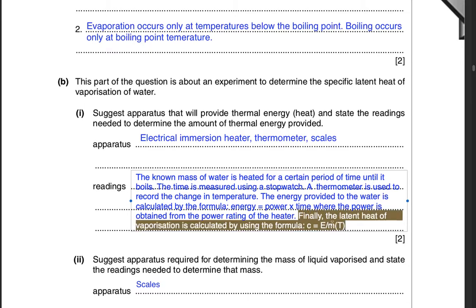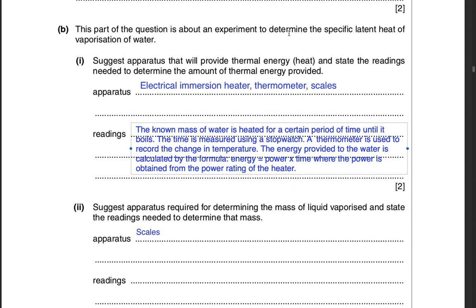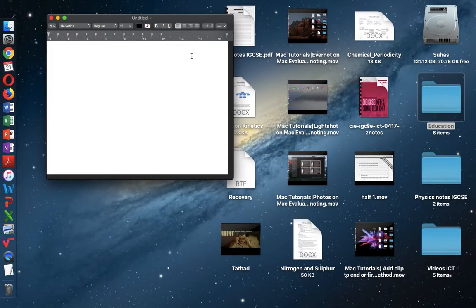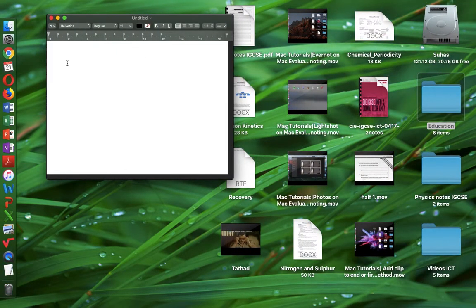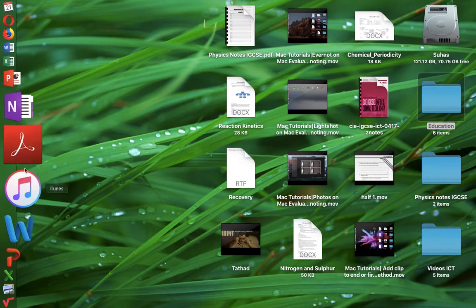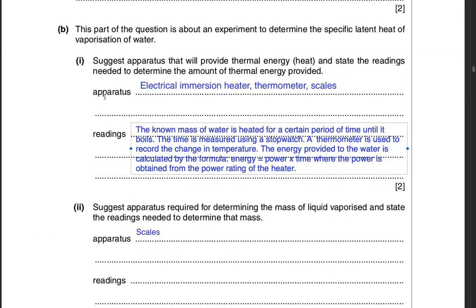So this one is not to be there. Cut this part. Now what I'm going to do is open an application like Notepad and paste it there so that I can copy it, because I need it later.